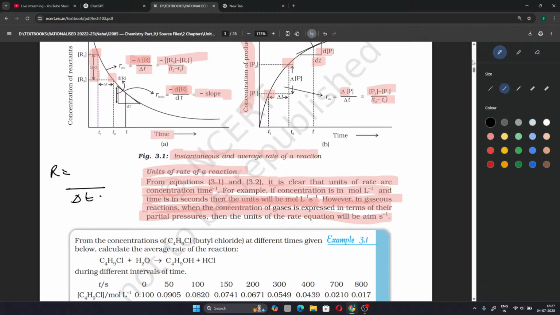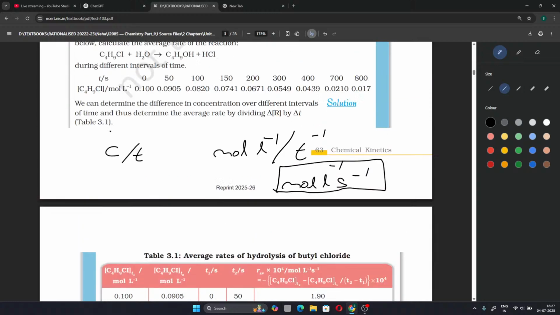Partial pressure is the pressure of the individual gas in the total pressure. We can take the pressure unit as Pascal, atm, bar, torr, or mm Hg, whatever it might be. It will be pressure per time.